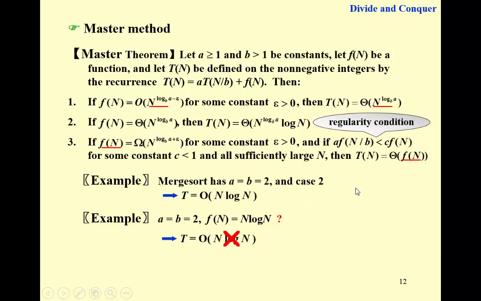Next, let's see how to prove it, just as a kind of practice. Right? Let's try to prove by recursion tree. Here we assume that n is b to the power of k for some integer k. It just means that we can keep dividing n by b, and always obtain integers until we get 1.